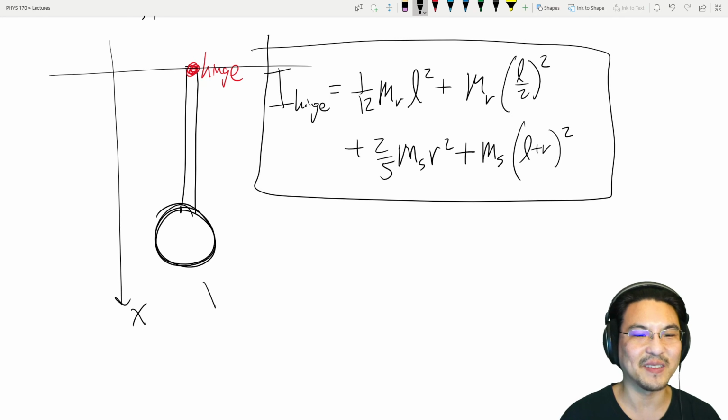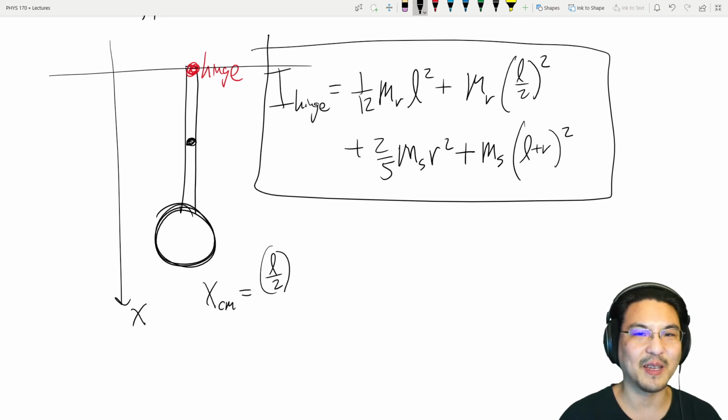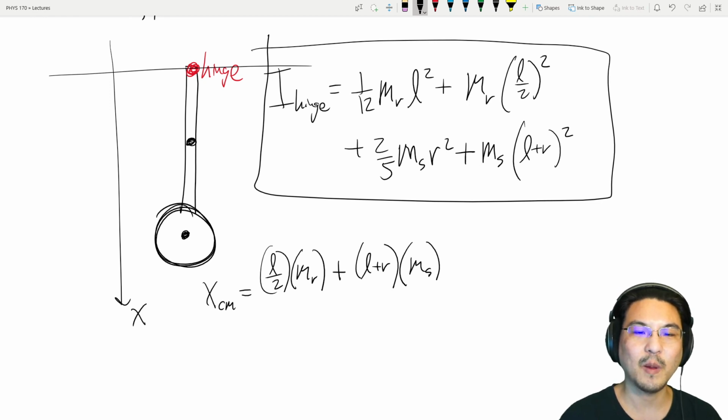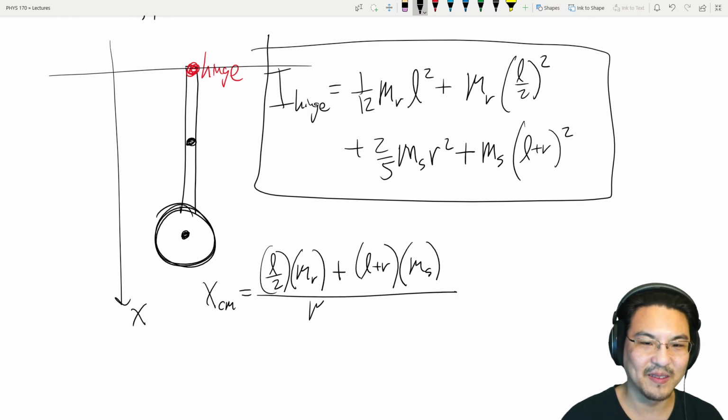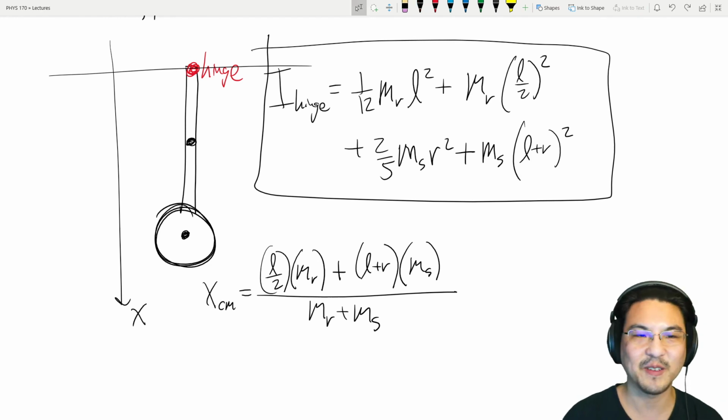That's what center of mass is. So where's the center of mass of the bar? Here, at L/2, times the mass of the bar, plus where's the center of mass of the sphere? Here, L plus r, times the mass of the sphere, divided by the total mass, rod plus sphere.